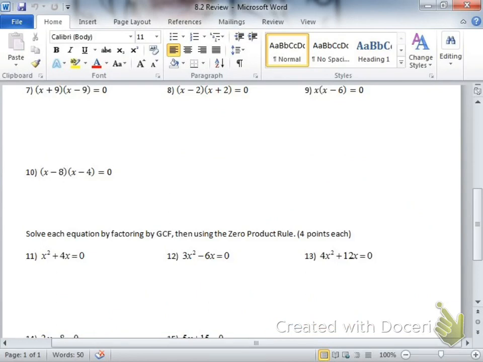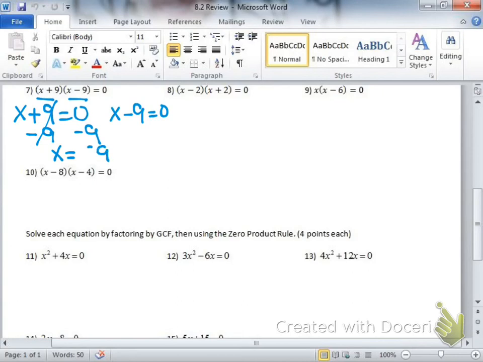Alright, same idea for number 7. We're going to make each of these equal to 0 and solve. So on the first one I subtract 9 and subtract 9. 0 minus 9 is negative 9. On the other one I add 9, and 0 plus 9 is positive 9.